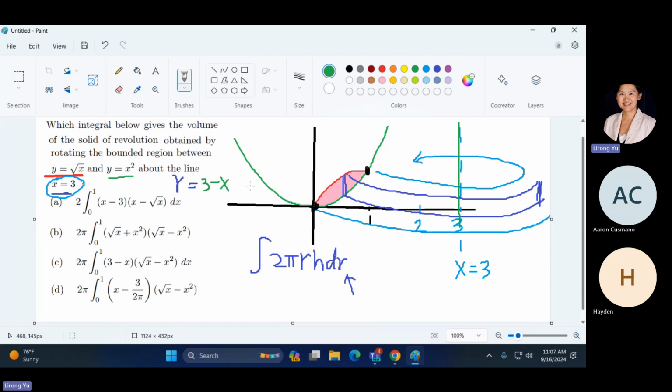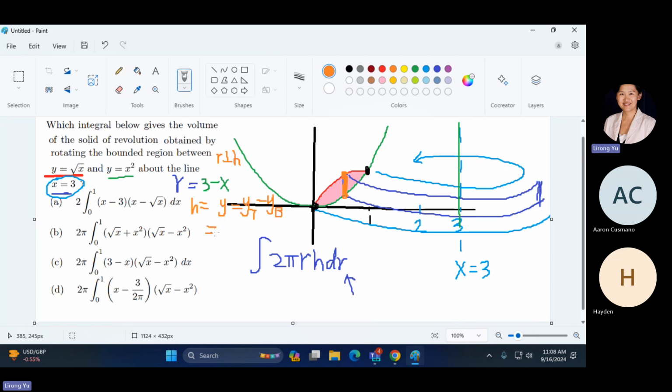So first we identify the radius, and then given the radius, we realize how to represent the height. Since the radius is supposed to be perpendicular to the height, and the radius is related to x, then the height will be related to the y value. It will be the top y value minus the bottom y value. So we should write y on the top minus y on the bottom.